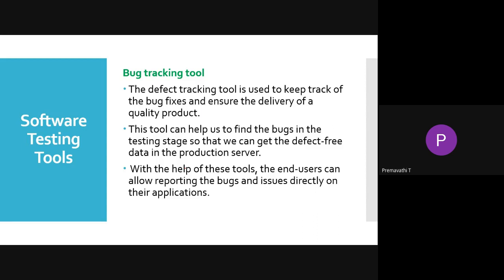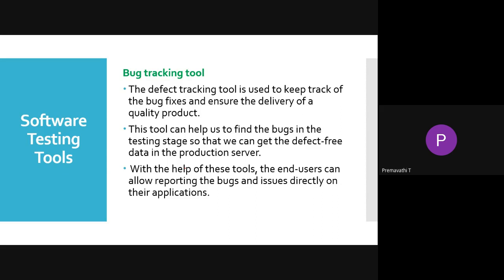This tool can help us find the bugs in the testing stage, so that we give defect-free software to the end users. So when you are taking a software testing tool, it will include some part of that.